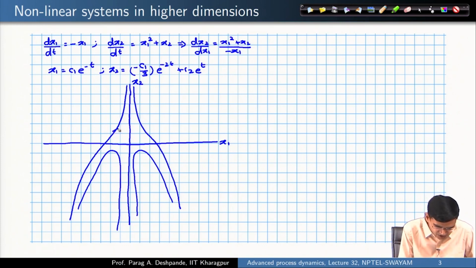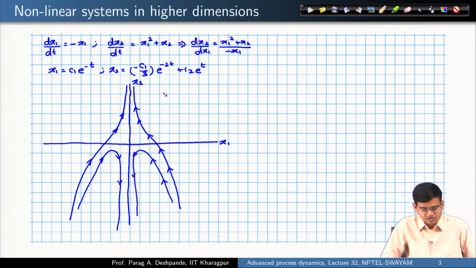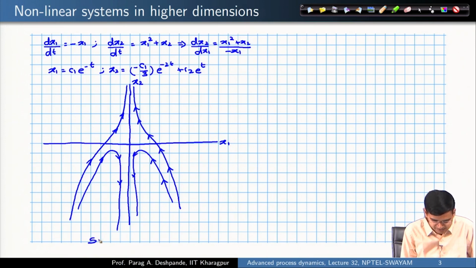I can draw the arrows like this. It is not very difficult to see that this is how the phase portrait would look like. So, this is a saddle-like behavior, right.